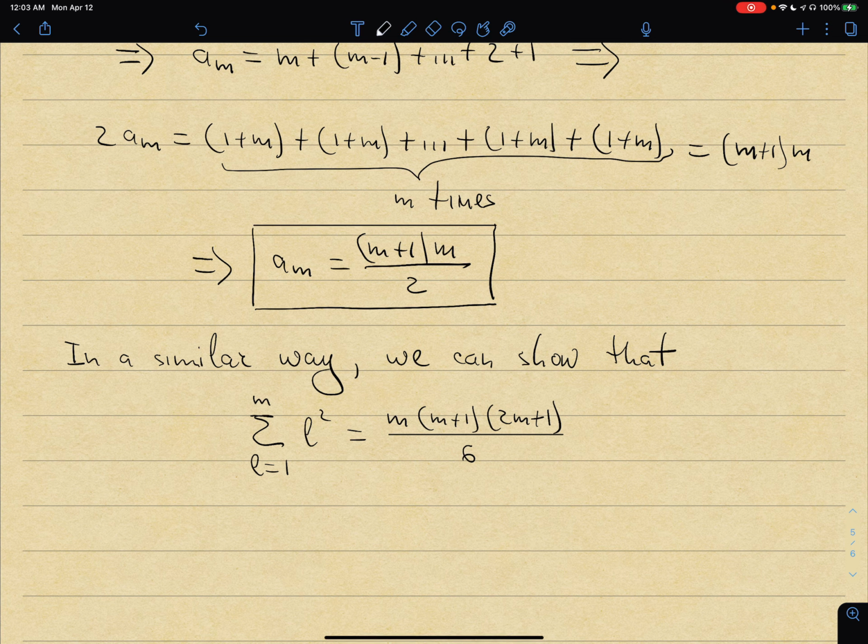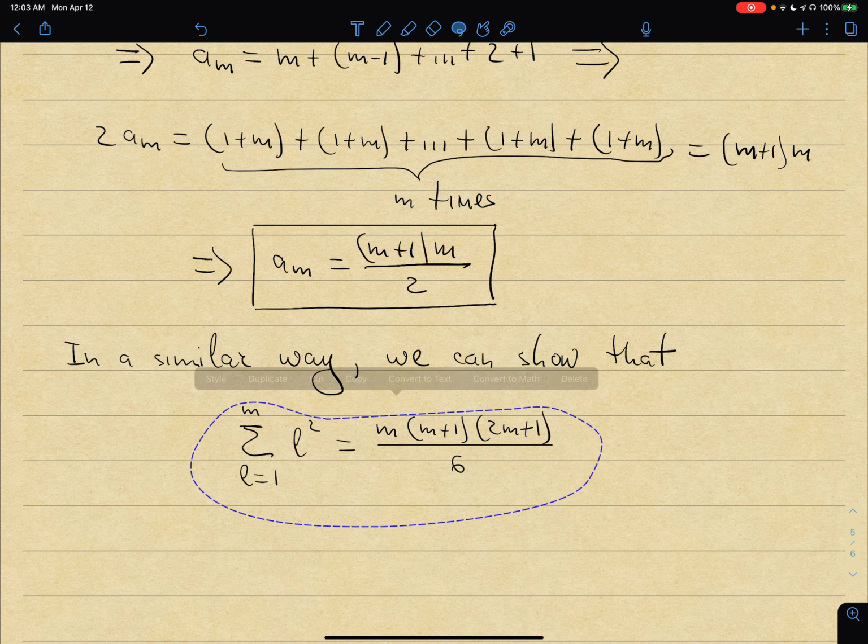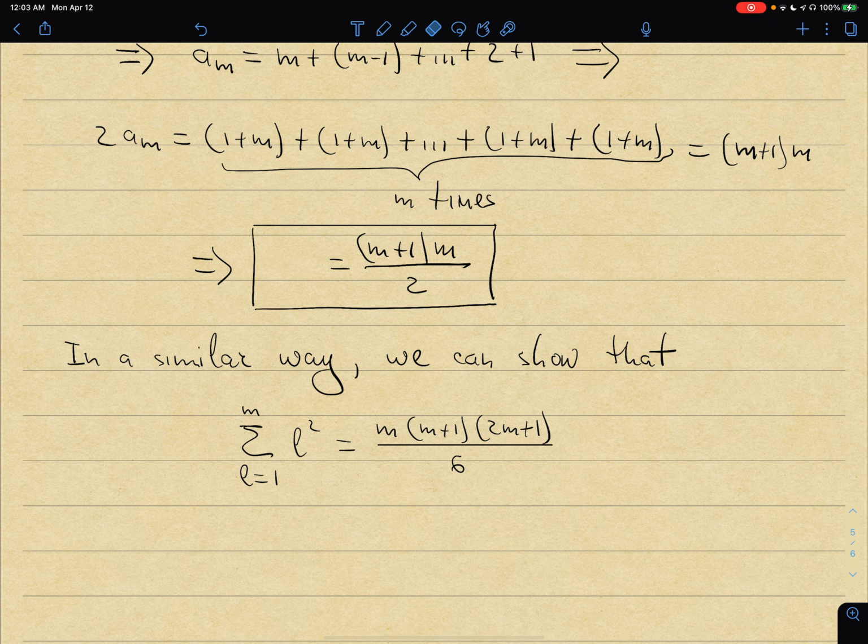Right. So you can prove this formula in a similar way, but we're not going to touch it here. So let me just modify this a little bit. AM was what? It was a sum L from 1 to m of L's.